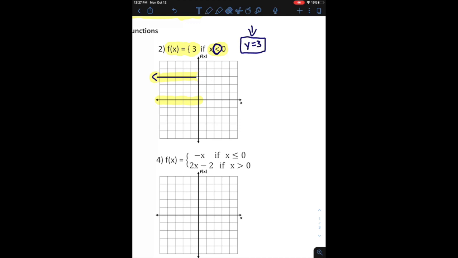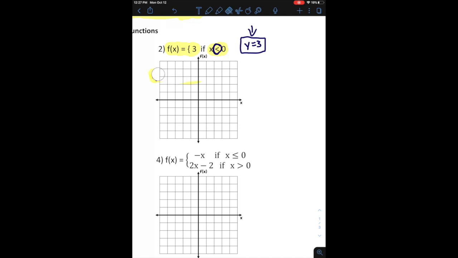Since they want the x values just less than 0, what we're going to do is use an open circle. So this is a piece of the line y equals 3 where the x values are less than 0, and that is the piece of the line that they want us to graph.